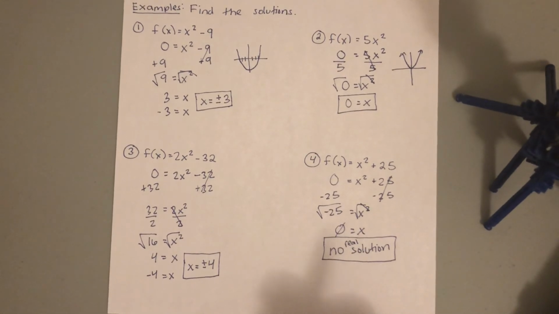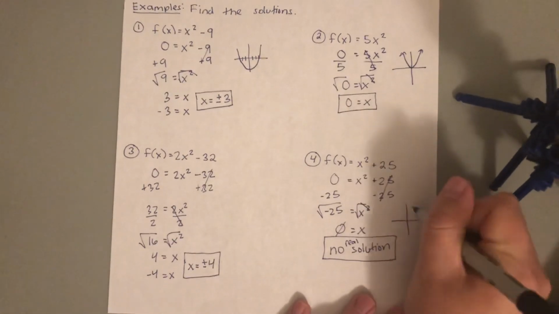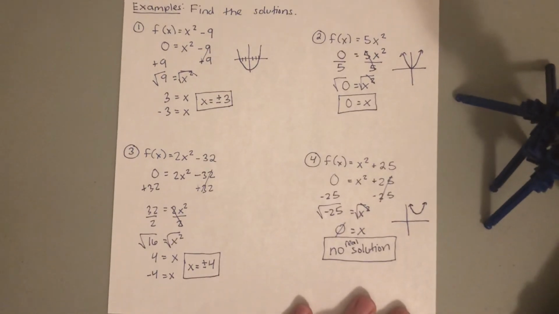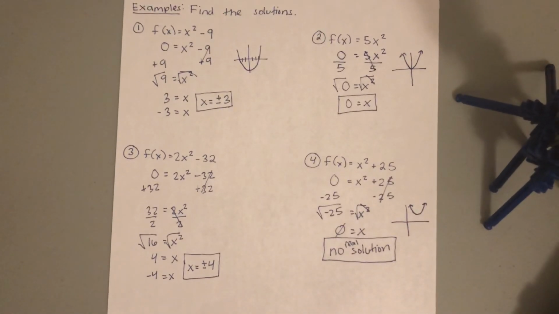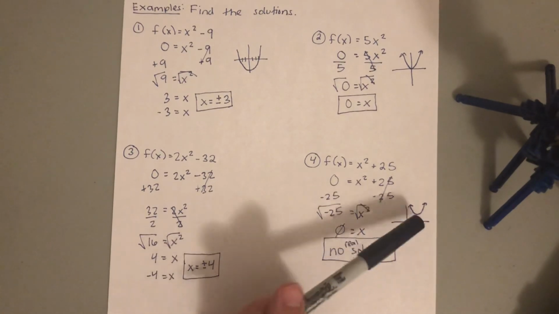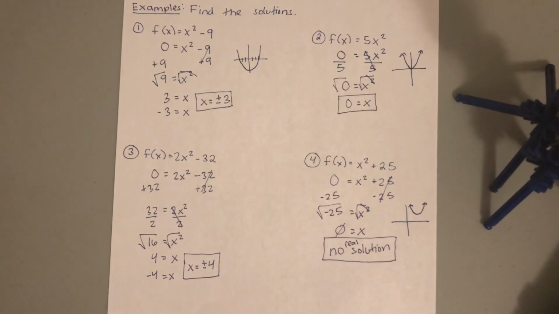That is not something we do in algebra. For right now, we're just going to say no real solution because this function is going to look something like that. It never touches the x-axis. So whenever you get a situation like this, you know that the graph is going to look something like that, and there's no real solution is what we're going to say.